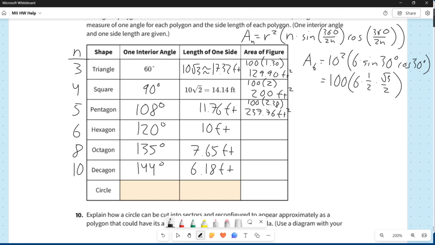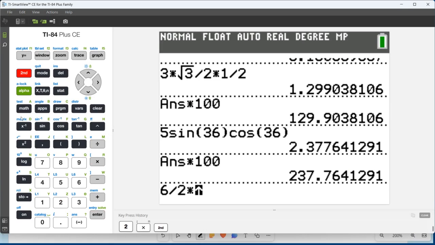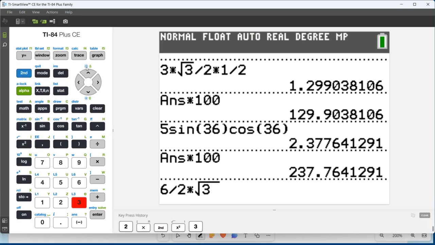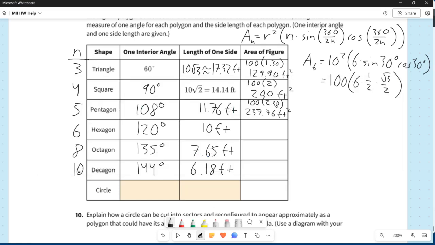So I'm just going to type that in, just what's inside the parentheses. So it's 6 divided by 2 times the square root of 3, also divided by 2. We end up getting 2.60 when we round.